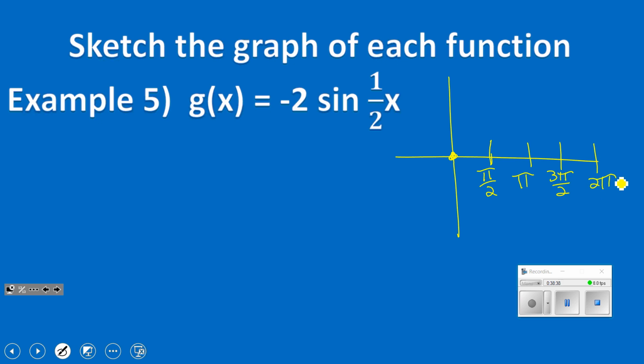This goes up to 1 and down to -1. It goes up to 1, then 0, then -1, then 0, and it goes like so. That's one full start to finish. And then it would start all over again: up, down, back to 0.